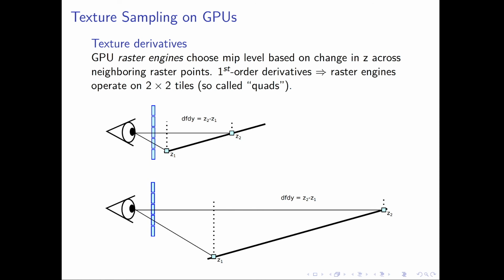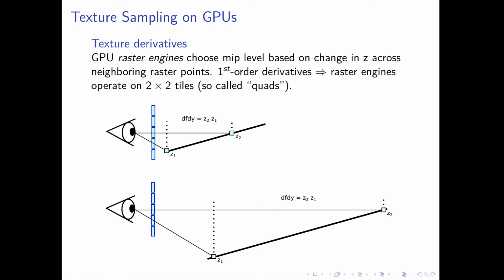As a matter of fact, this is not true on GPUs, because for this very reason, that we need to be able to compute derivatives, GPUs actually process fragments in groups of 2 by 2, which graphics people just call quads or fragment quads. Across those 2 by 2 quads, we have first-order partial derivatives available in both the x and the y direction.